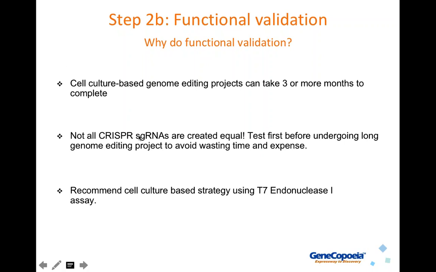That's why I have here, not all CRISPR sgRNAs are created equal. So we recommend testing the function of these first before undergoing these long genome editing projects, to avoid potentially wasting time and expense.